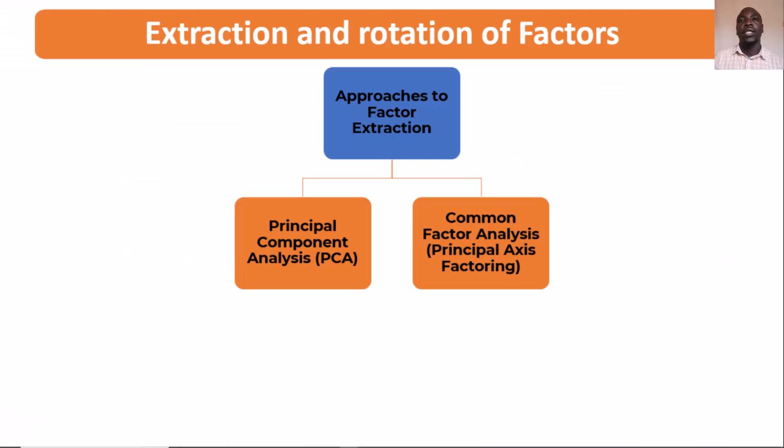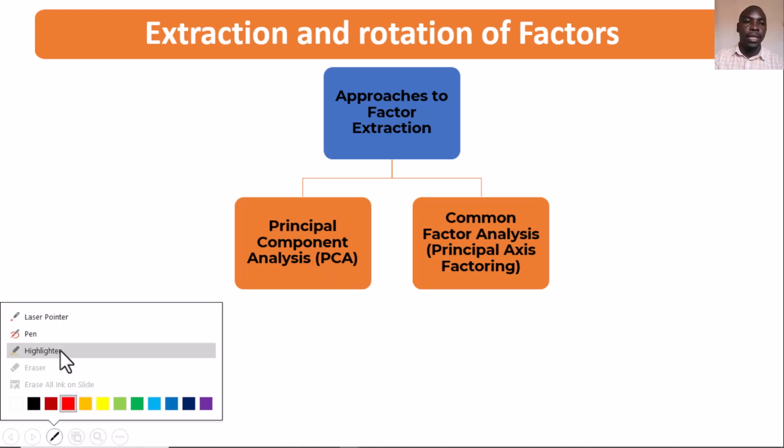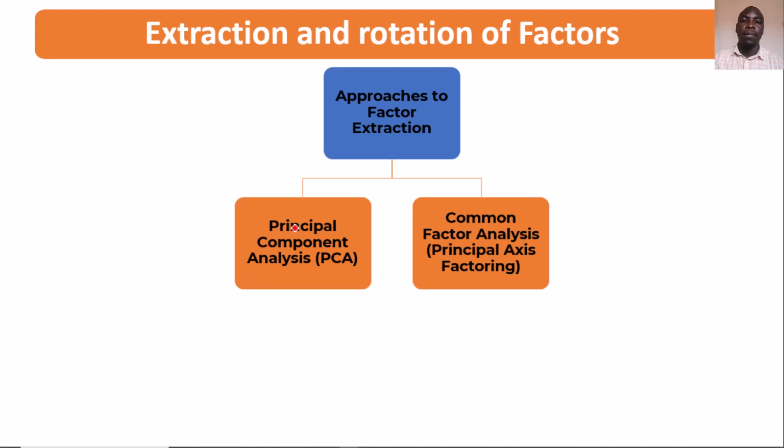So under extraction and rotation of factors, we have got two methods for extraction, and that is the principal component analysis and the common factor analysis, the usual factor analysis, which in SPSS is being called principal axis factoring.